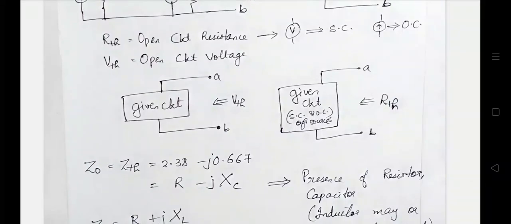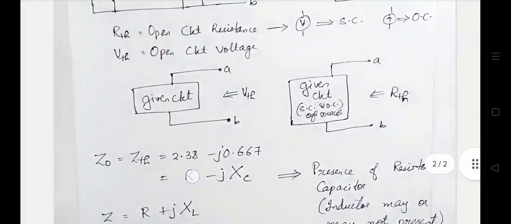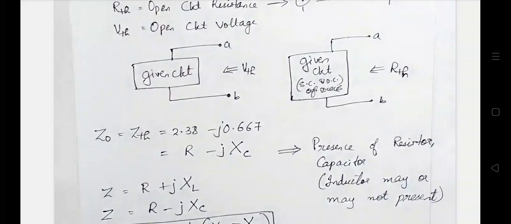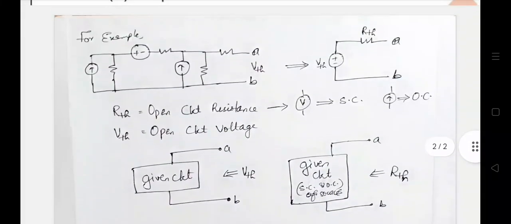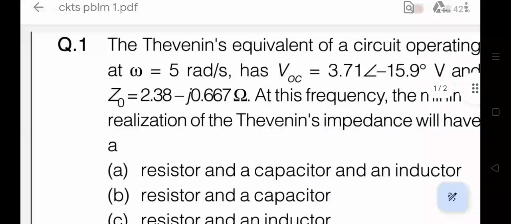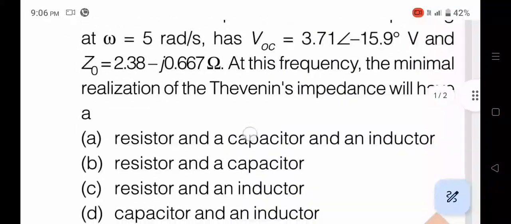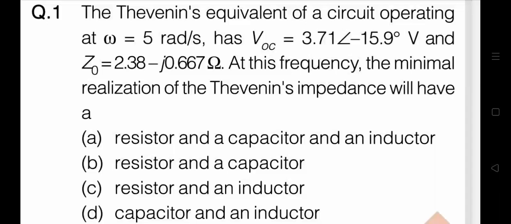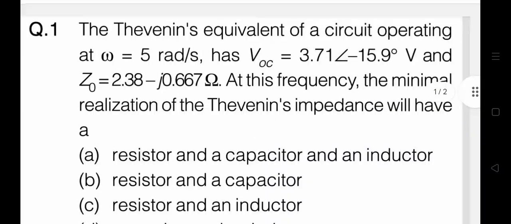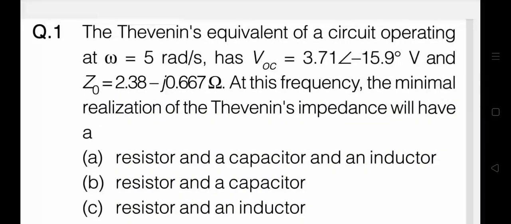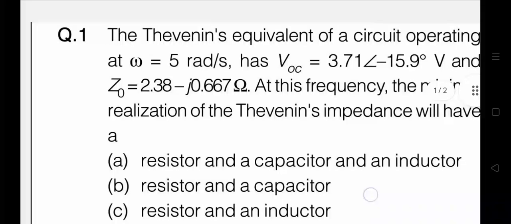From the circuit, the only parameter we need is the open circuit impedance. All other quantities given in the question, like open circuit voltage and angular frequency, we don't need to consider for solving this question. The only thing we have to see is the open circuit impedance, because they are asking about Thevenin's impedance.